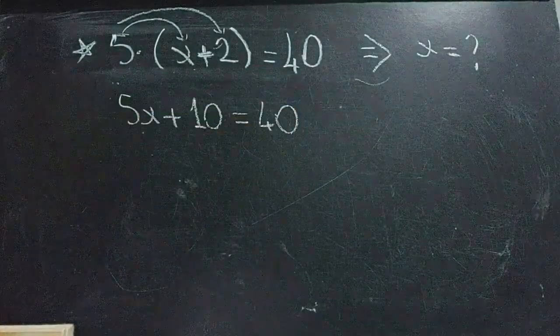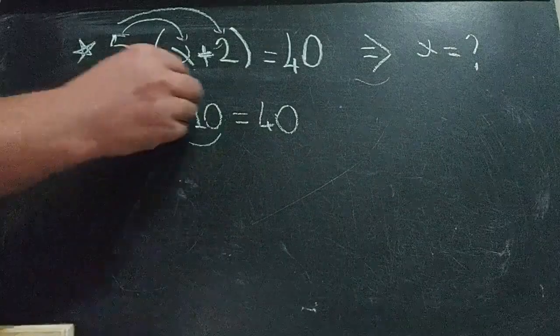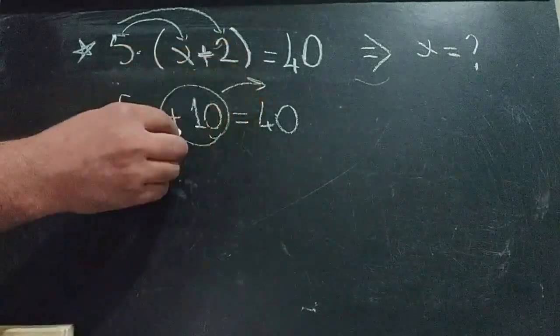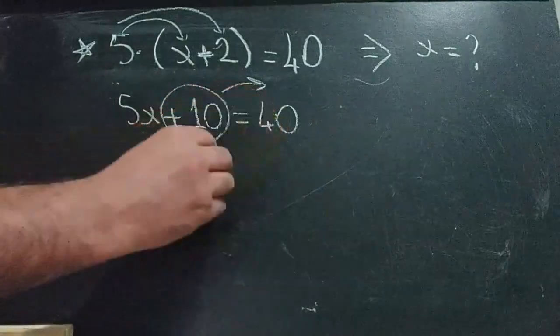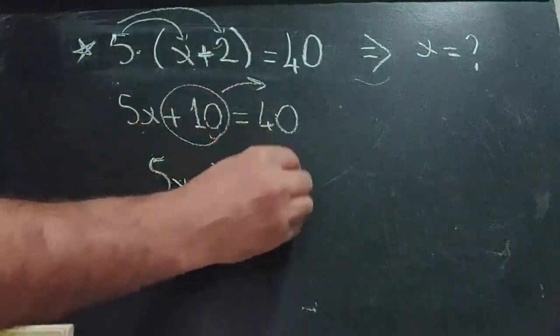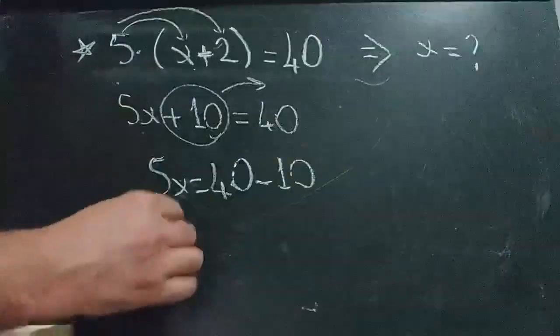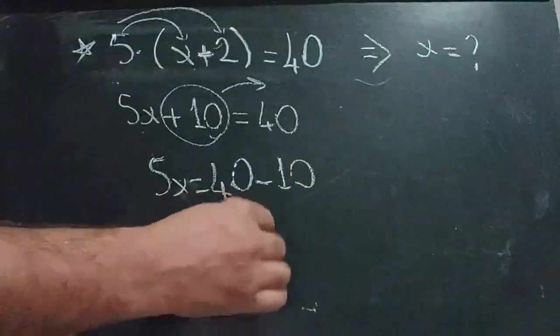Then you will leave the unknown alone. This one will go to the other side as subtraction. 5x equals 40 minus 10. 5x equals 30.